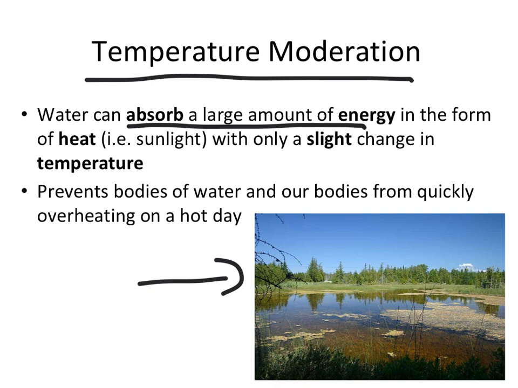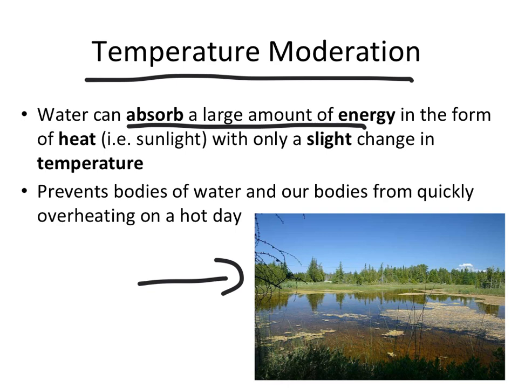It would get really, really hot. And then if we didn't have a lot of heat for a day or two, maybe it was really rainy or cloudy, the temperature of that water would get really, really cool quickly. So it's important that water can absorb a lot of heat and release a lot of heat, but not change temperature too much. Otherwise, all the living things in that pond would die.